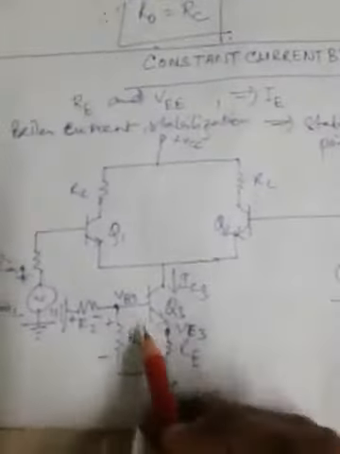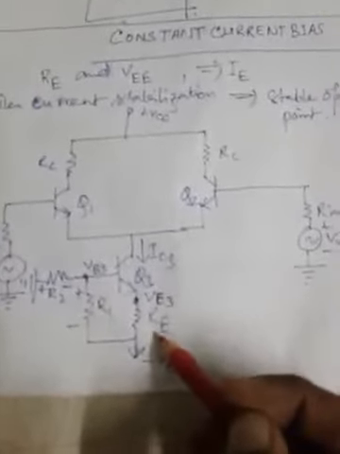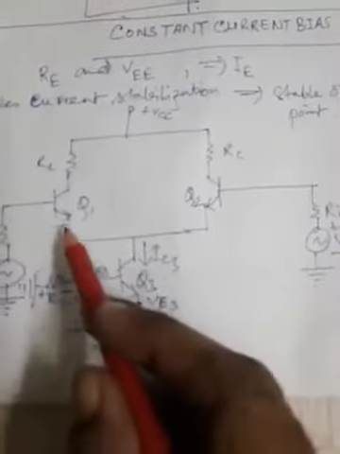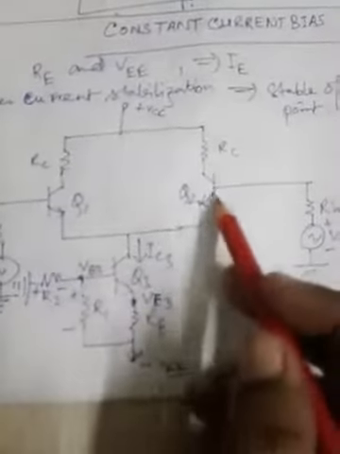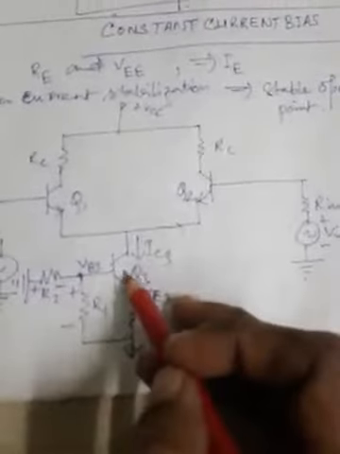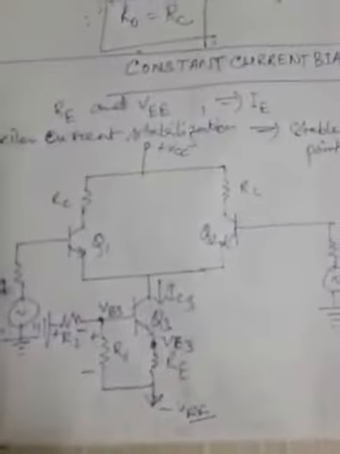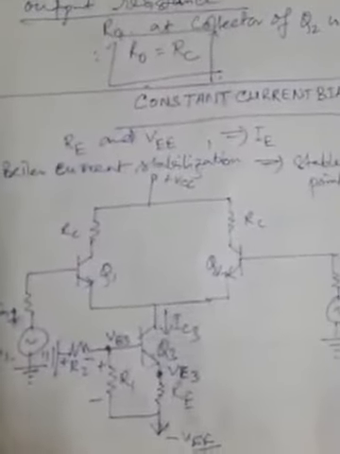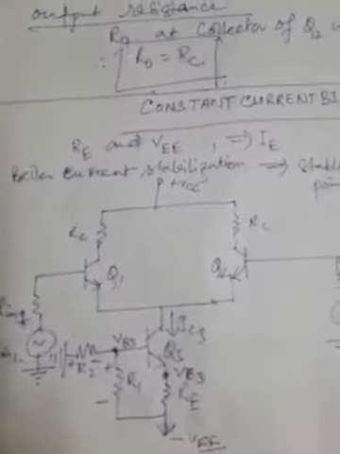So instead of placing RE here, the RE is over here, and between the shorted emitter terminals of Q1 and Q2 and RE, there is a transistor placed which is Q3, and this is called the resistive constant current bias configuration.